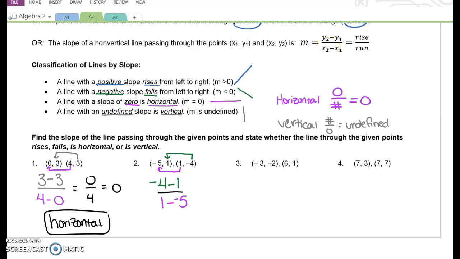So if you have a negative value in your point, you have to do that number minus a negative. So if you have something like negative 5, you have to subtract a negative. On the top, negative 4 minus 1 is negative 5. On the bottom, 1 minus a negative 5 is 6. Can we simplify the fraction negative 5/6? Nope, that is our answer. And a negative slope falls.